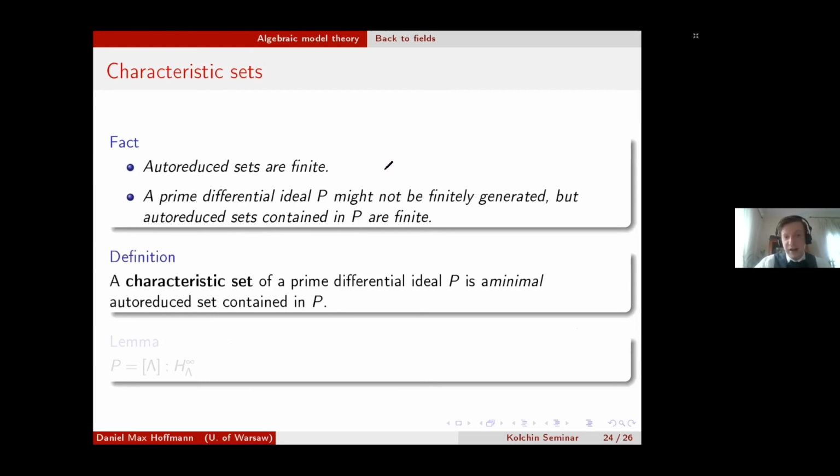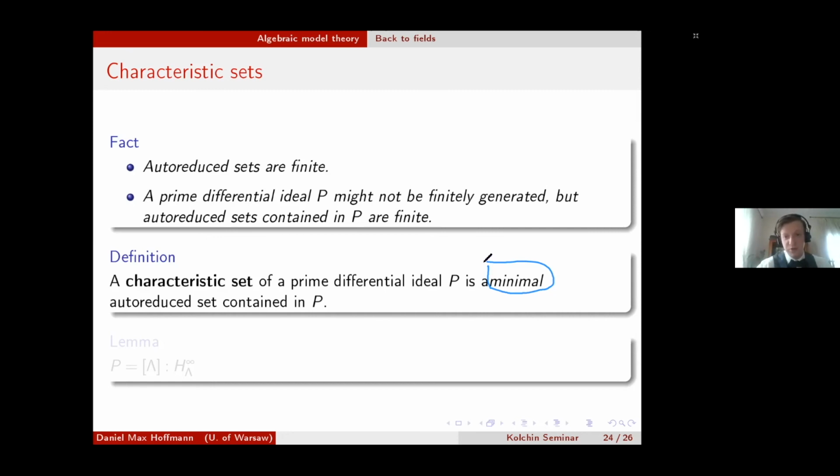So a characteristic set of a prime differential ideal P is a minimal auto-reduced set contained in P. I will skip it. I will not say what the ordering of auto-reduced sets is, but there is also a canonical orderly ranking. A similar thing is going on for auto-reduced sets.